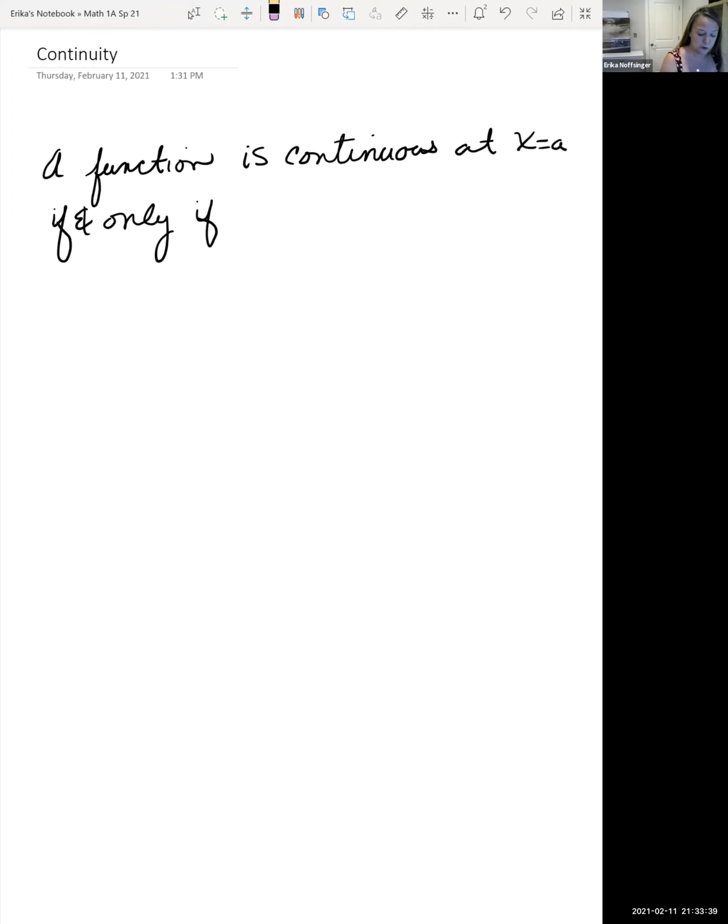Everything has to hold true. Mathematically, you might learn later on when your teacher might write IFF. That means if and only if. If and only if the following hold.